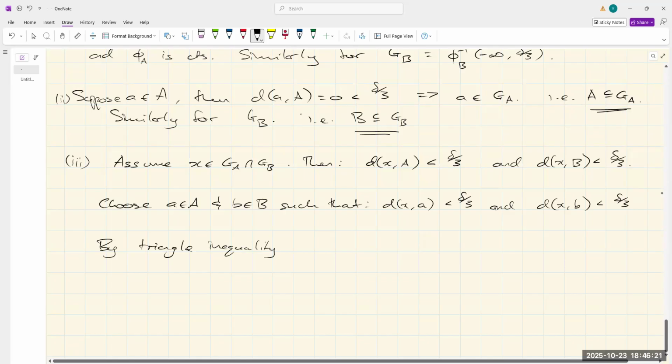why is it that we could actually find points such that the infimum is realized? Because this is the infimum of d(x, a) where a ranges over all of A. If I say that I could choose a in the set A and b in the set B such that these things are actually realized, then that means this infimum was actually a minimum, right?